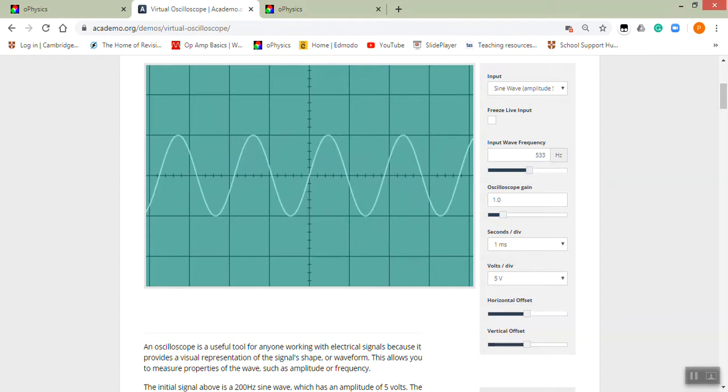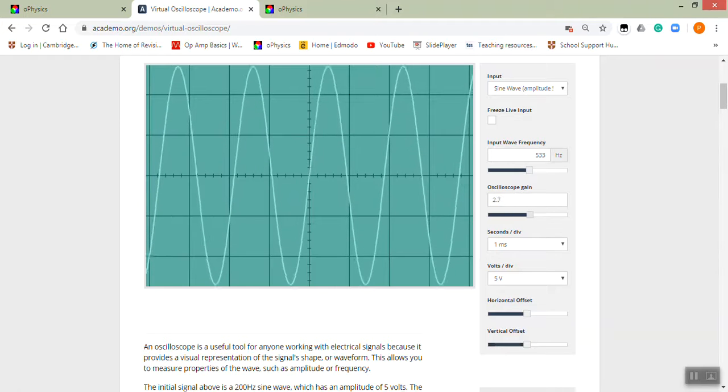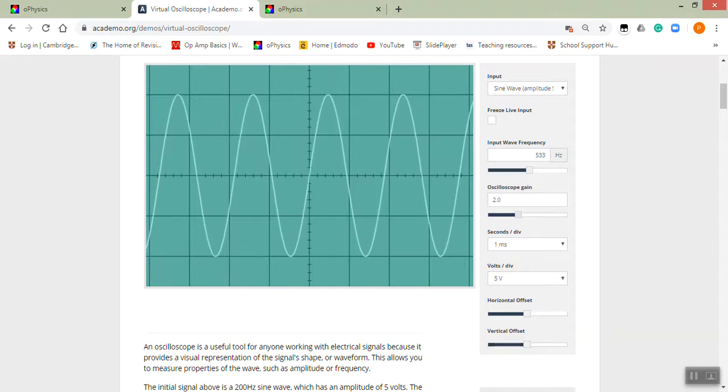The gain of the oscilloscope helps us to find exactly the amplitude, but these waves are now not amplitude. The divisions that we're looking at, what we use this for is a time-based setting.